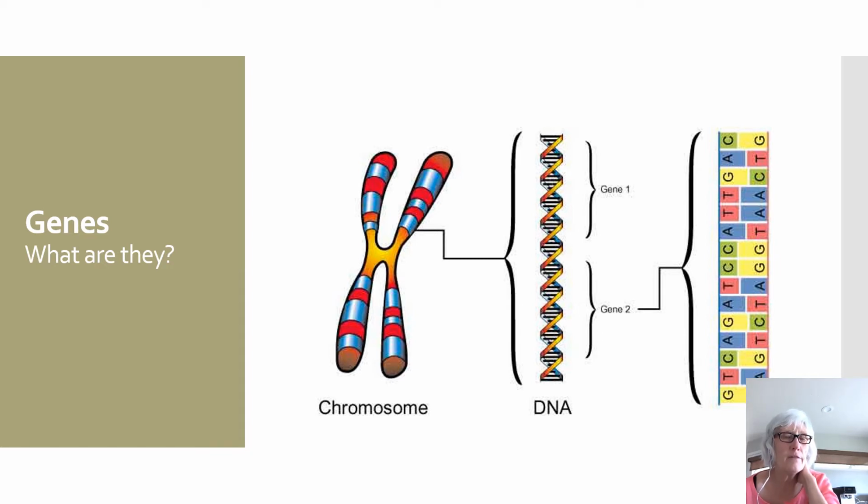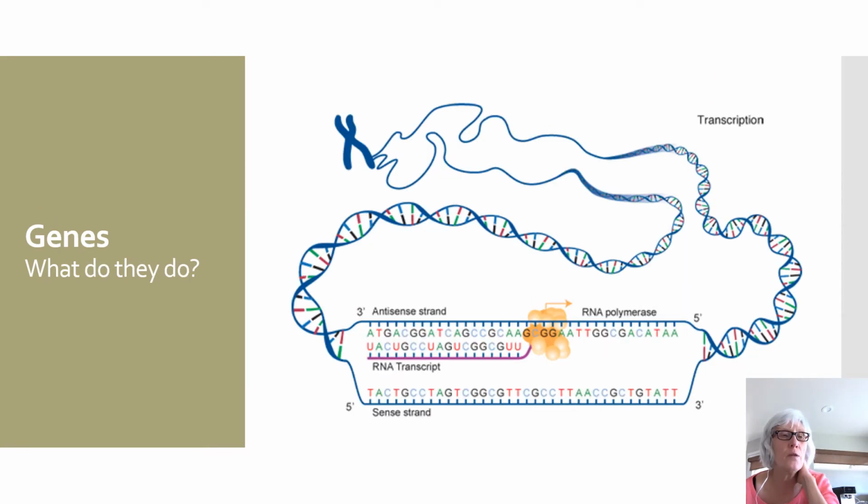A rough definition of a gene is a sequence of deoxyribonucleotides that code for a product. Those products are often proteins. The way that genes are used is that when we want to create a product from a gene, we pair ribonucleotides with an uncoiled DNA sequence.